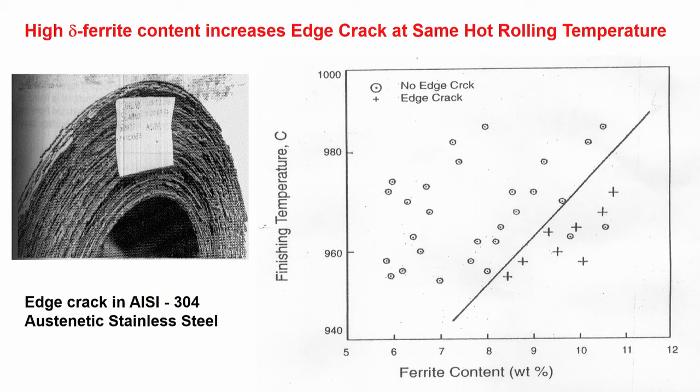What I am giving you as an example is, through metallurgical investigation we know the cause of edge crack in austenitic stainless steel, and we also know by looking at this figure, which is based on maybe 100 such coils of AISI 304, where ferrite content has been shown against finishing rolling temperature.